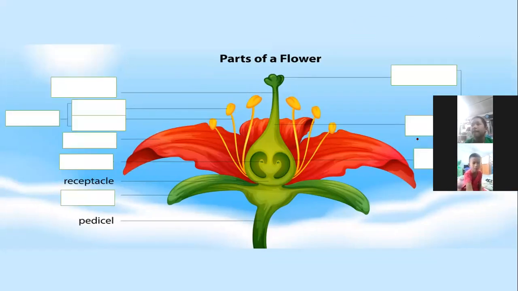What is this here? This one, number 1. What is number 1? Look at my screen. Pistil. Okay, pistil. I know you have a copy, you have a drawing, right?